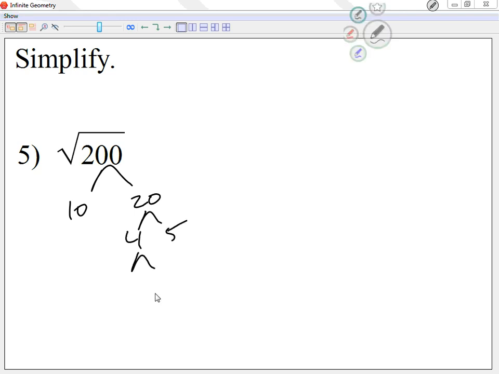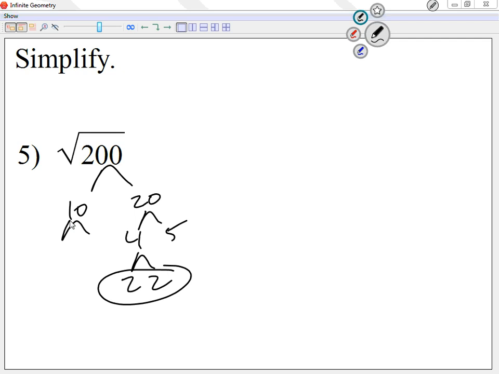Let's break out the 4. We have to go 2 times 2 in that one. There's a group. Let's take a look at the 10. Two numbers that multiply equals 10. 5 times 2. Just because the 5s are separate doesn't mean they're not a group. I'm just going to say those two are a group. So I have a group of 5 and a group of 2.